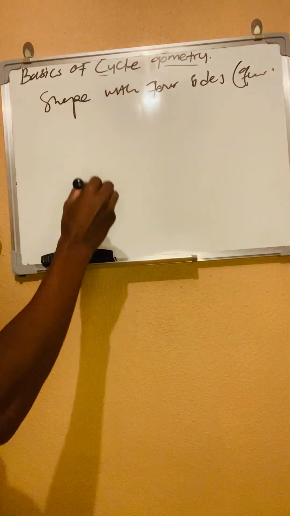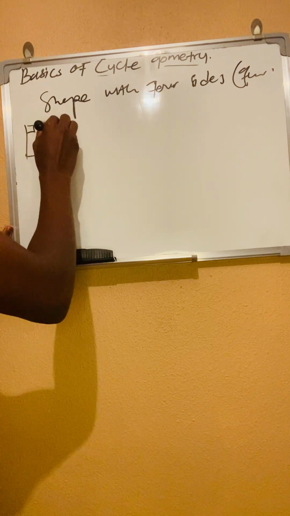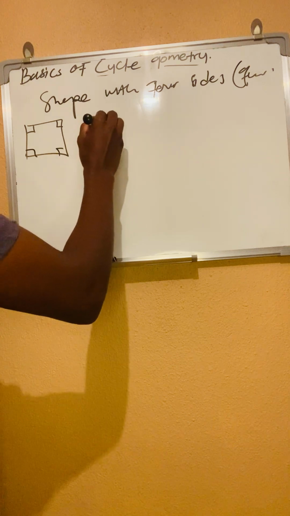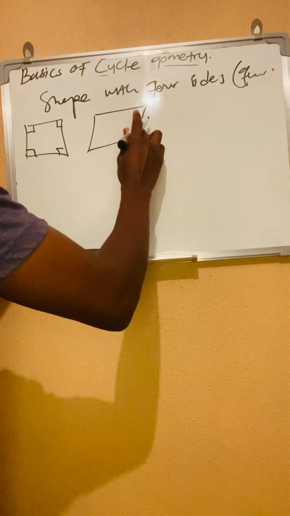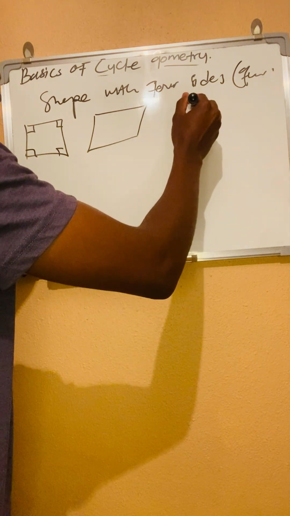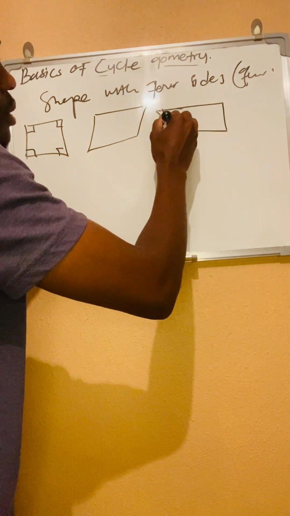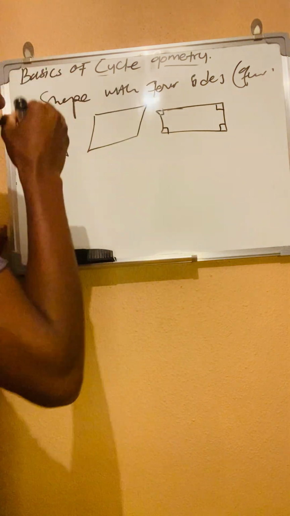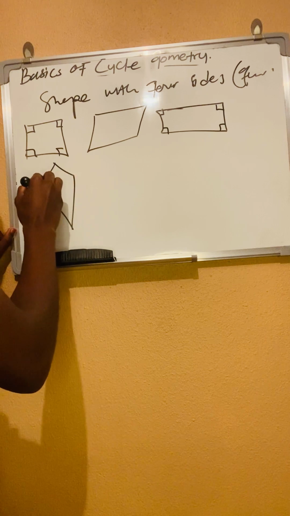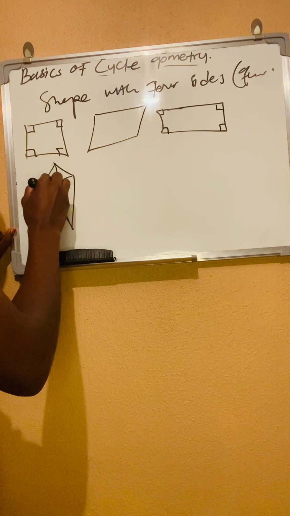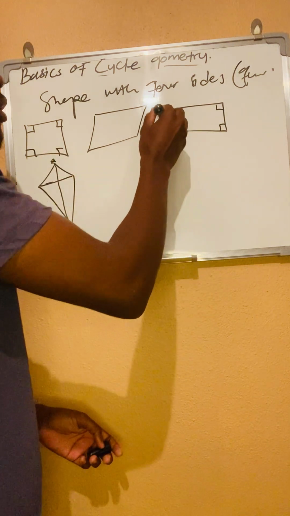We're gonna have square, rhombus, rectangle, kite. All these shapes, you have to know all their characteristics.